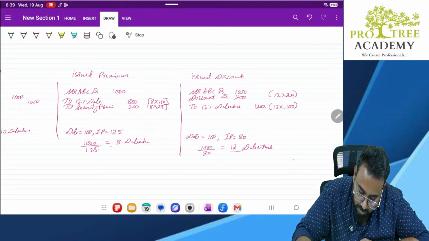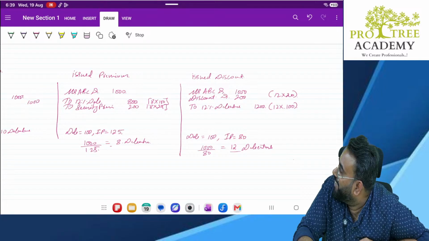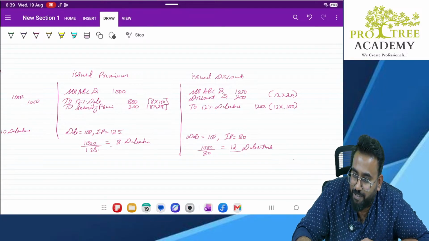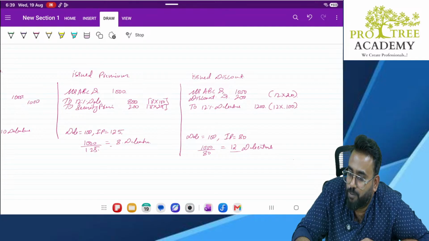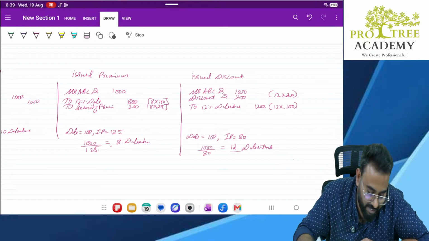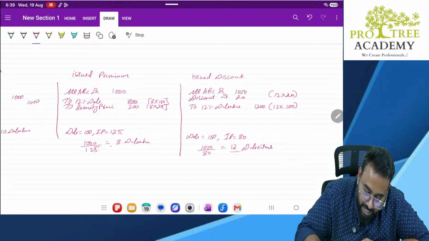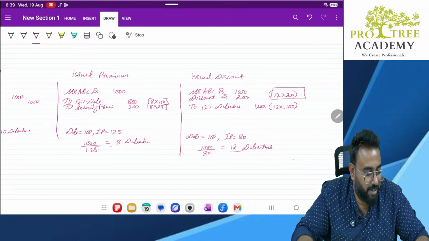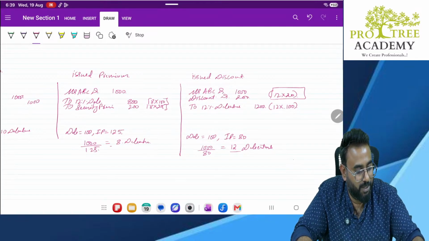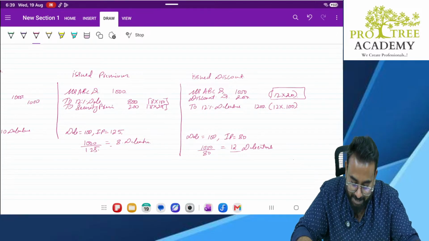Did we miss something? But 12 into 20 will not come to 200, no? 12 into 20 is 240. There is a difference. If you write here, we are only getting 200. Because of the differing figures, we are having a problem here. Wait, I'll check the correct number so that we get the correct example. 50 is best? 50 is too much of a discount.